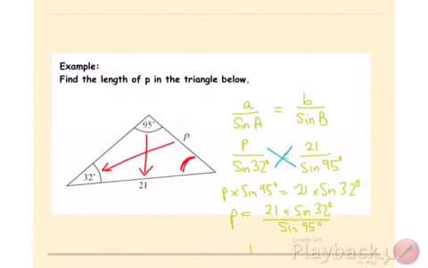You can put that all into your calculator at one time using the fraction button, and you get an answer of approximately 11 units. It comes out as 11.17, but when you round it you get 11 units.